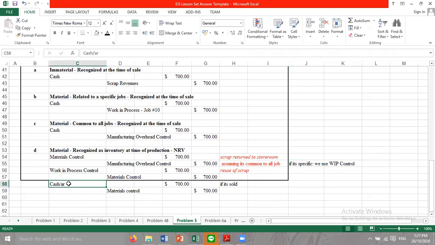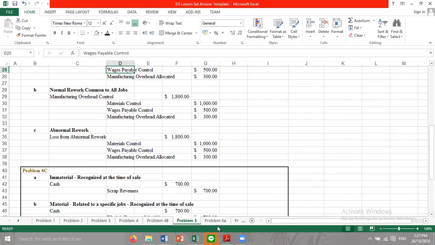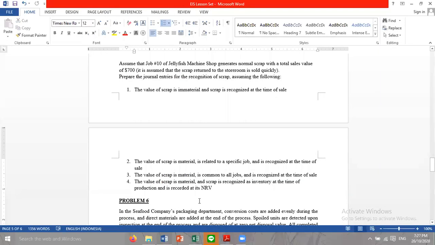And if, after recognizing it as inventory, it's sold, we debit cash or AR and we credit materials control, the amount of scrap we acknowledged in the storeroom, and the amount sold. If we reuse it, we just debit work in process control and we credit materials control. Okay, that's for problem 5.